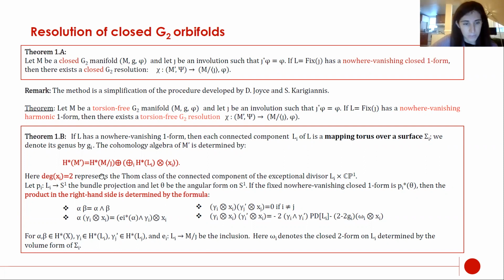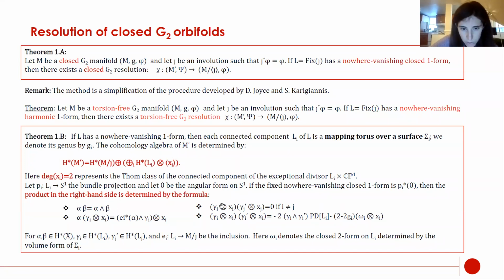And since the property of being formal depends also on the algebra structure, one also has to view the product rule on the cohomology algebra of the resolution in terms of the isomorphism.